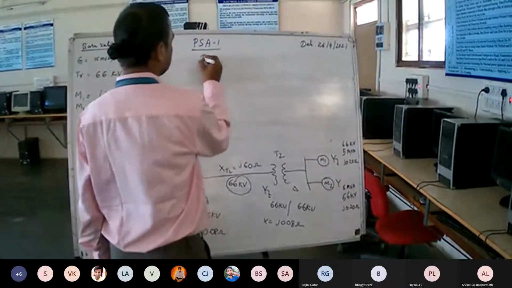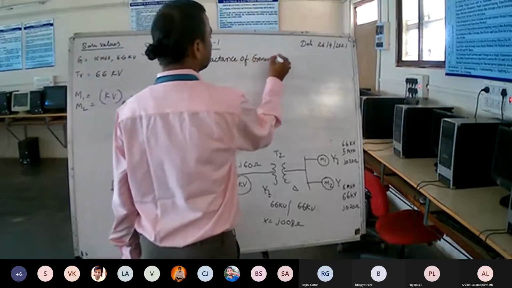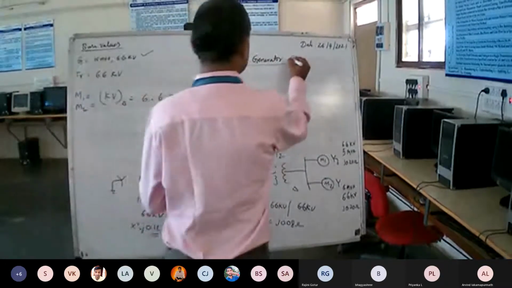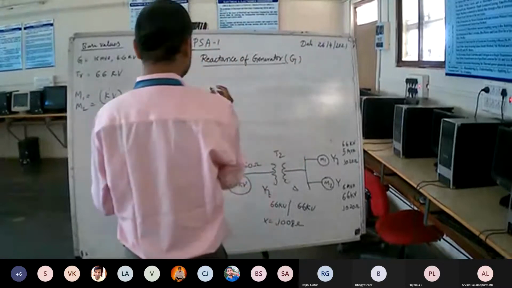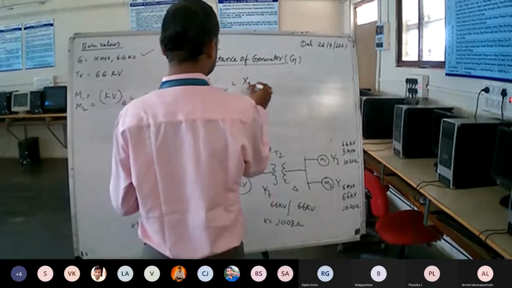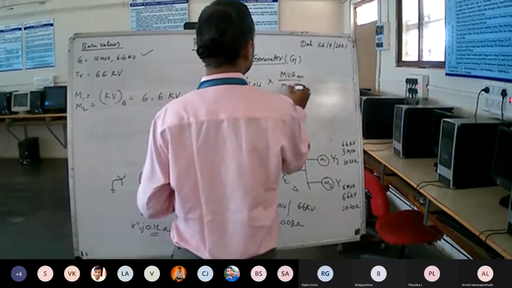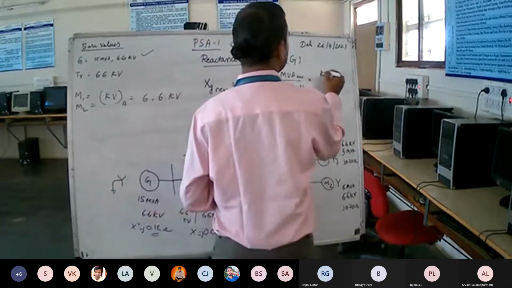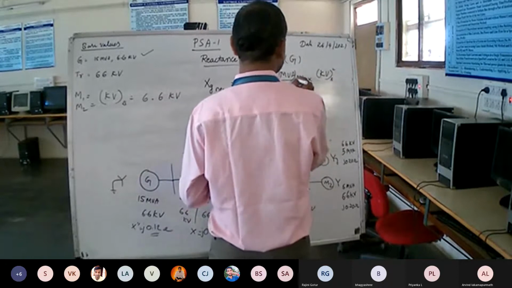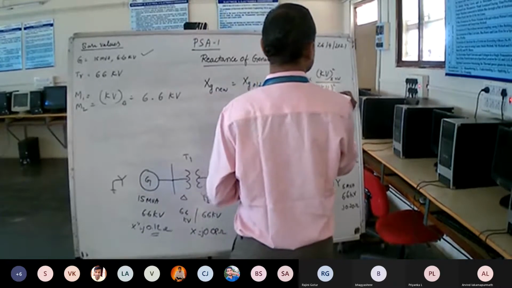Reactance of the generator. Xg new is equal to Xg old into MVA new by MVA old into kV base old squared by kV base new squared.